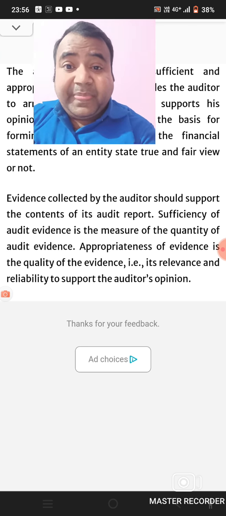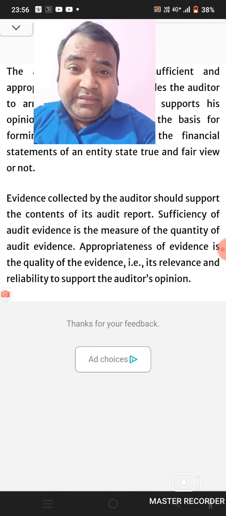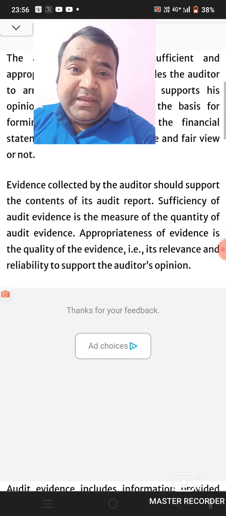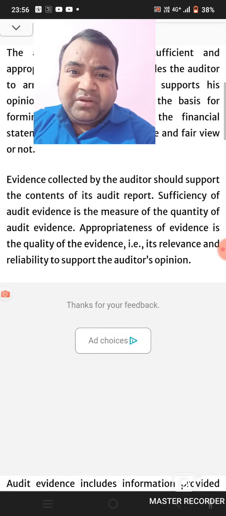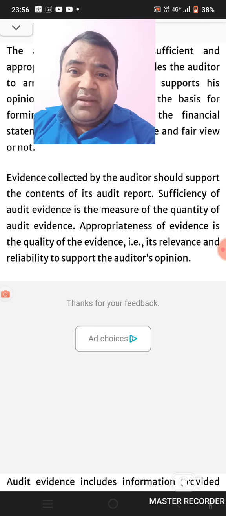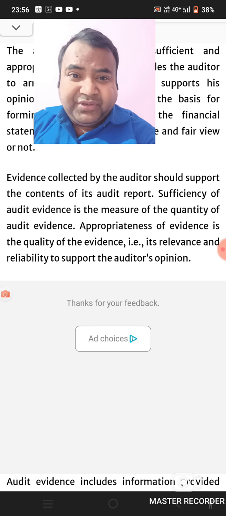So whatever audit evidence is collected by the auditor should be sufficient and appropriate in nature. If we talk about sufficiency of evidence, it means that whatever evidence is collected should be sufficient in terms of quantity.